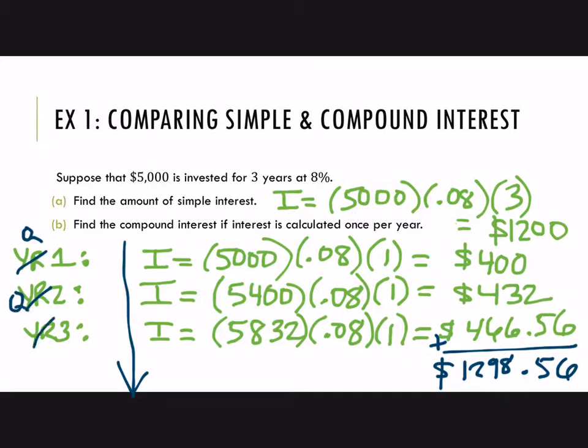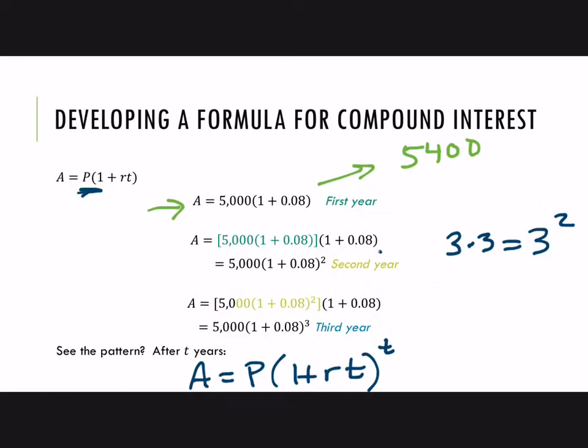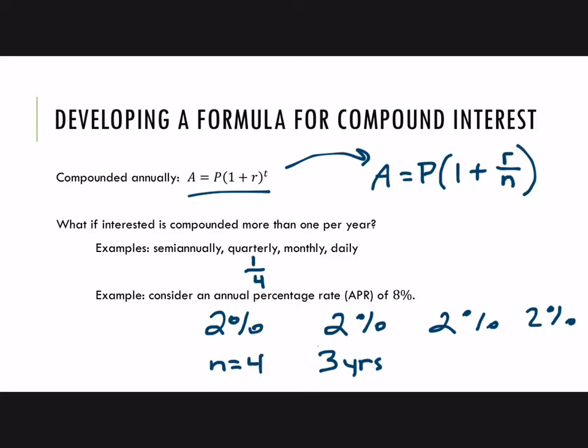Q's for quarters. And I would make this calculation 4 times every year for 3 years, so I would make this calculation a total of 12 times. So to account for that, in the exponent, it's not just t anymore, it's n times t. So n times per year for t years.